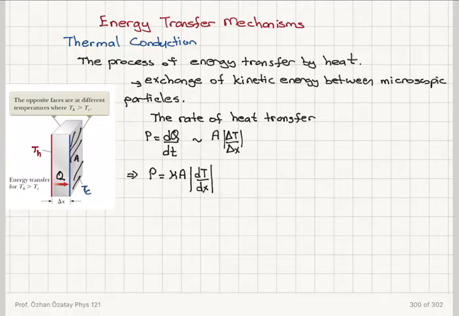Now, why do I need an absolute value here? There is another way to write this equation. Basically, I can define heat flux. Heat flux is the flow of heat per area, so that's Q per area per unit time.